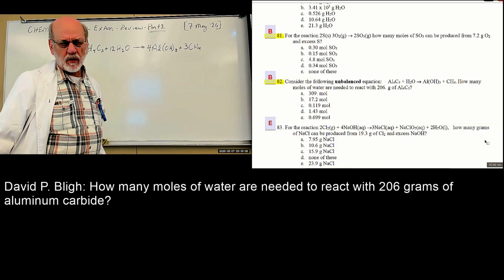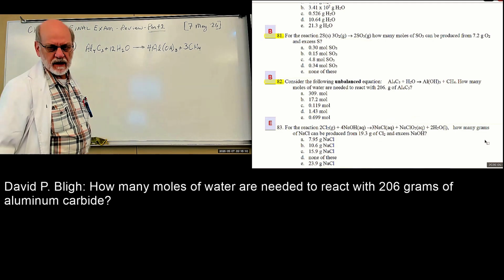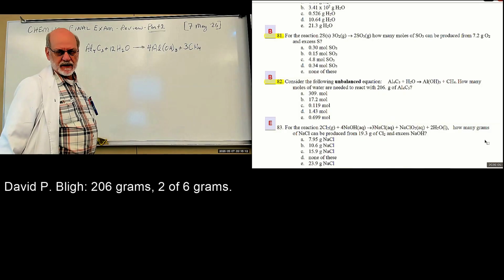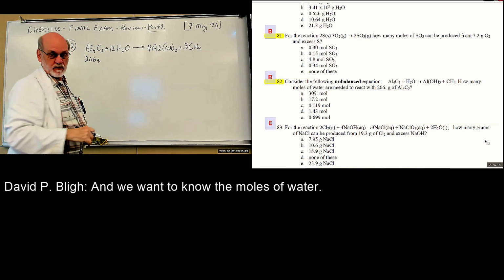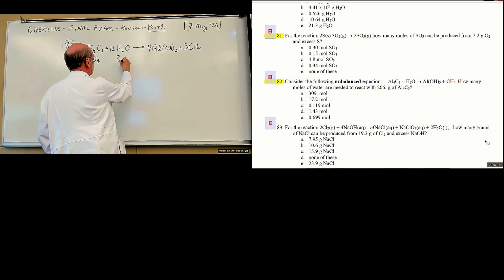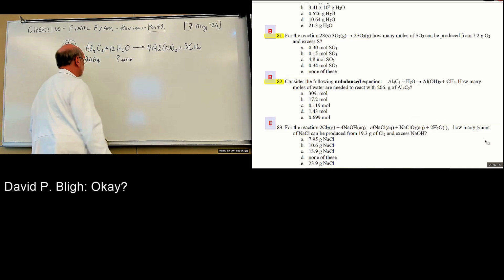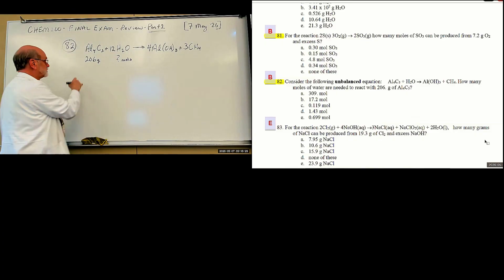How many moles of water are needed to react with 206 grams of aluminum carbide? 206 grams, and we want to know the moles of water. So we need to convert this to moles, correct?